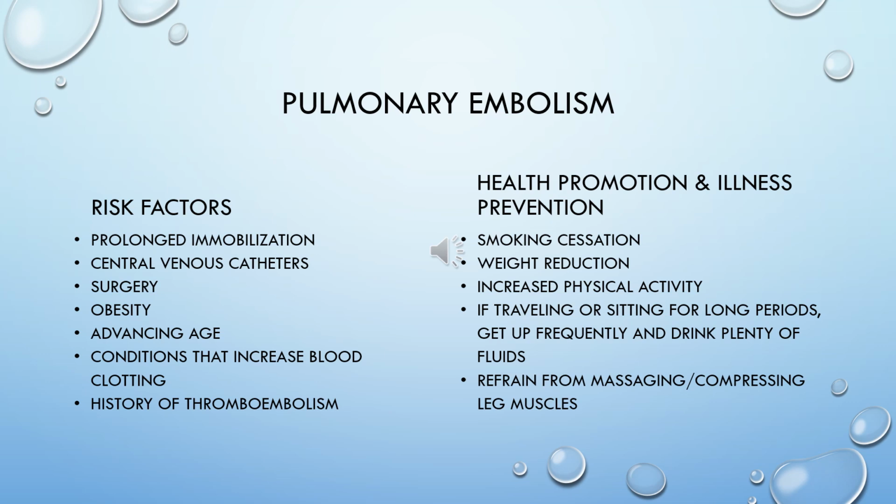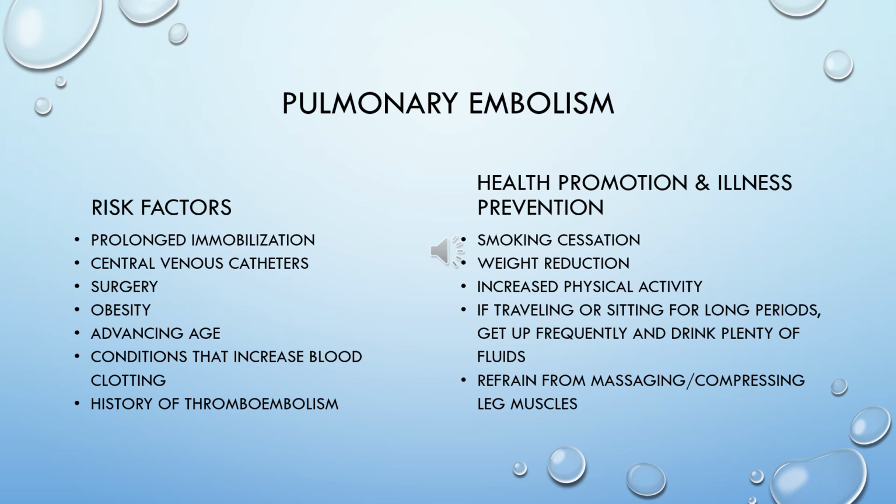Surgery, being obese, again, because it affects circulation. Advancing age, again, think about that. Everything kind of starts to slow down. The longer you live, the more opportunities you have to form plaque formations that can eventually break off and go to the lung.